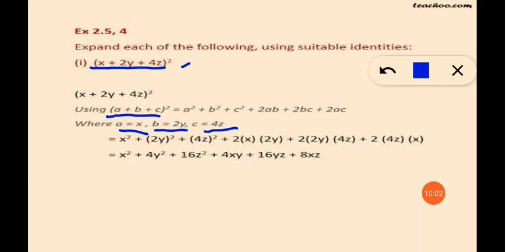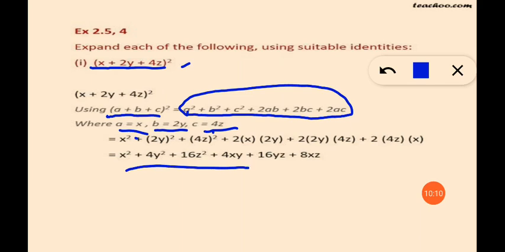We will substitute the values of a, b and c in the expanded form of the formula, and after solving it we will get the solution. x square, (2y) whole square is 4y square, (4z) square means 16z square, 2 into x into 2y is 4xy, 2 into 2y into 4z is 16yz, 2 into 4z into x is 8xz.